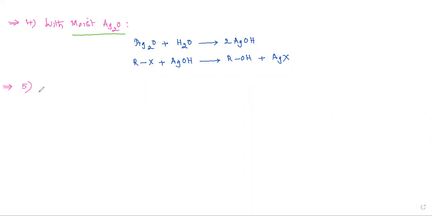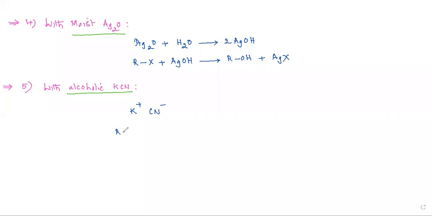Now let me give you reaction with alcoholic potassium cyanide. You know, potassium cyanide is ionic. It can be given as K plus CN minus. Okay.